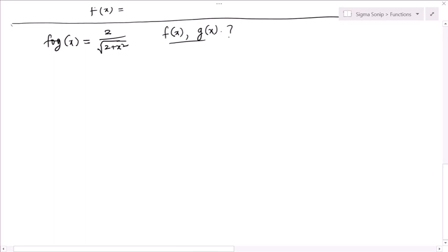Now, just like the previous example, you could put everything in one function, and the other one could be equal to x. So we are not going to go there.